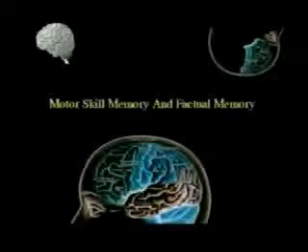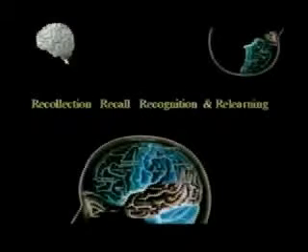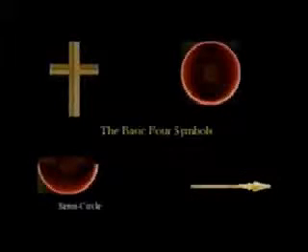There are three levels of memory: immediate memory, short-term memory, and long-term memory. There are four different types of remembering: recollection, recall, recognition, and relearning. This semicircle symbol is designed with the capacity for storing information of the spirit to the body, the receiver container.